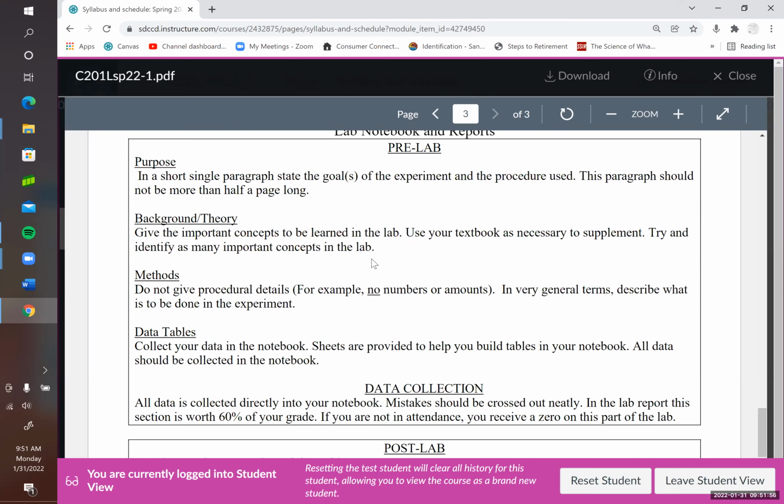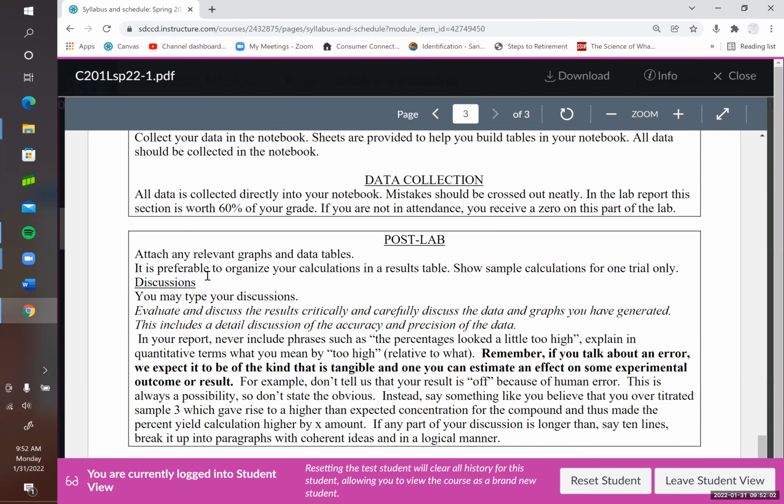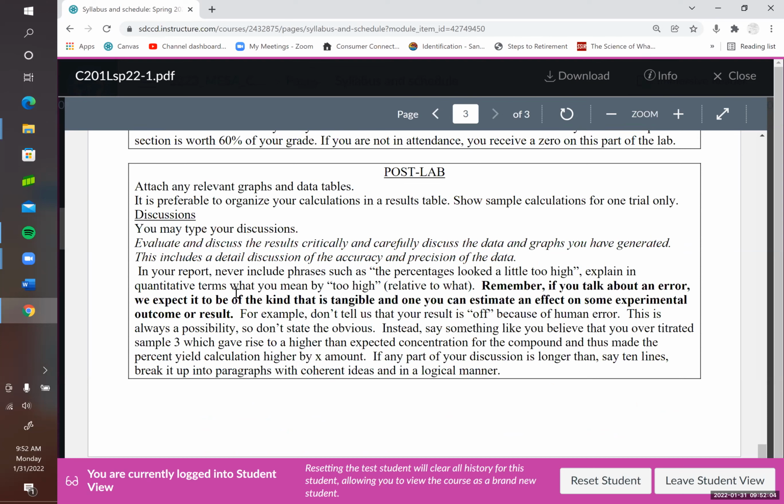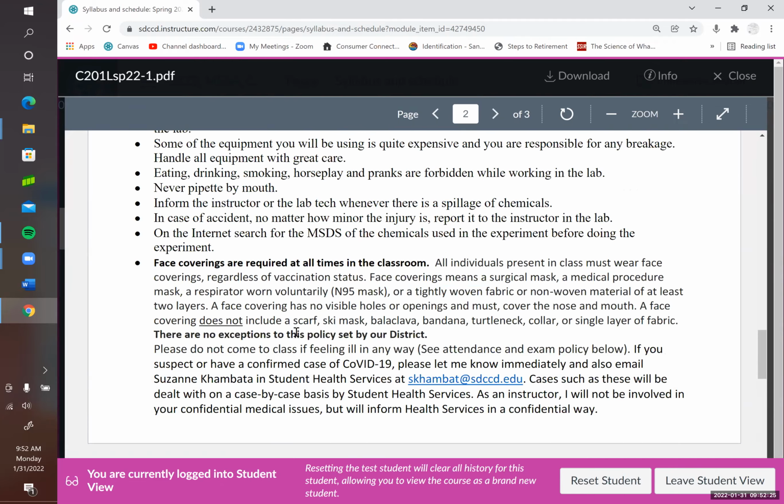So we're not going to focus too much on pre-labs. It's the post-labs and the discussions that are going to be more important. You know, how do you analyze your results critically for things like accuracy and precision? So we'll get to the details of the lab write-ups when we get to those specific labs. But that's essentially the syllabus.